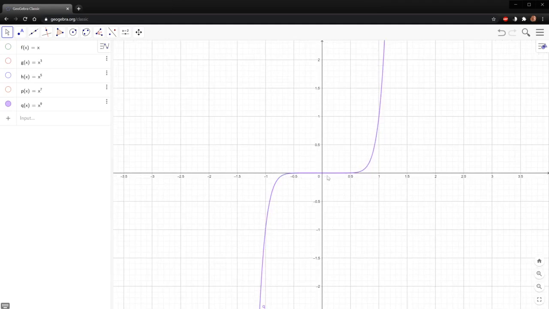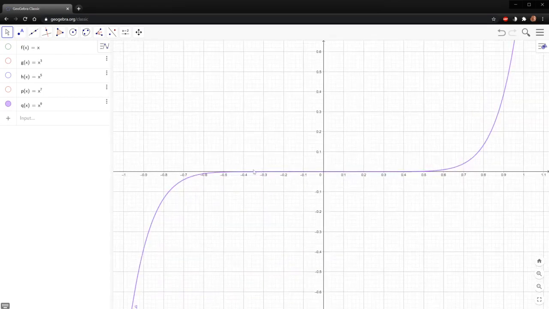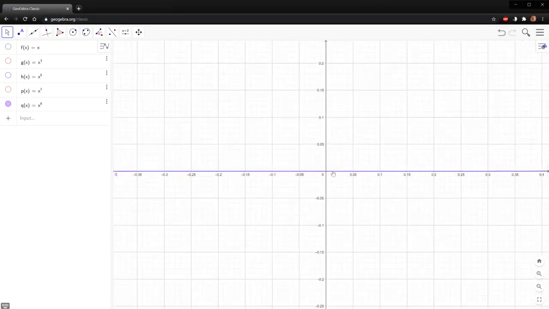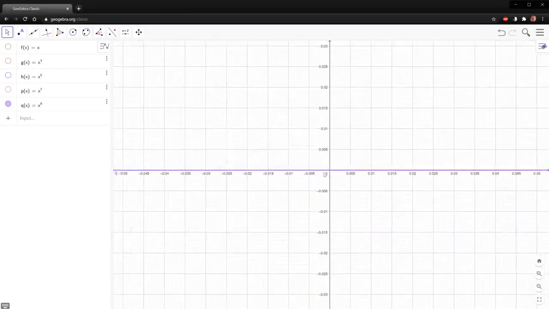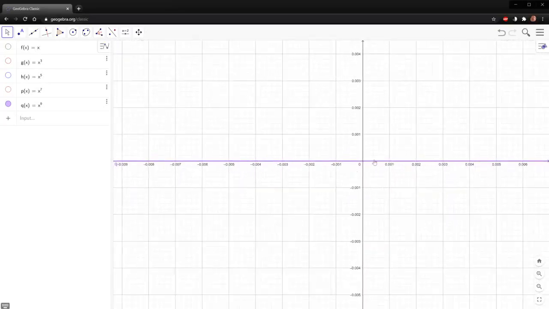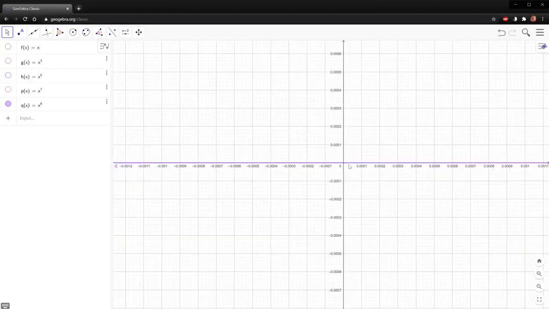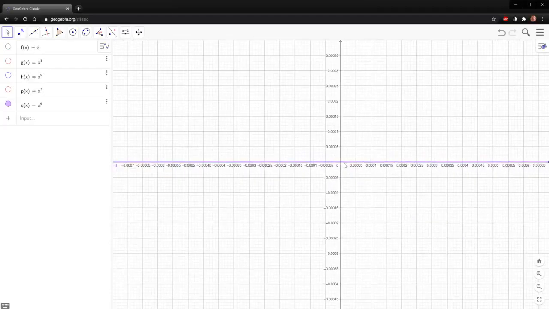Now, to be fair, it is starting to look like it doesn't pass the horizontal line test. It's starting to look pretty flat down here. But this flatness is an illusion. It is, in fact, very, very curvy. I mean, you're going to have to zoom in quite a lot to be able to see the distinction, but actually, I don't think you're ever going to see it.